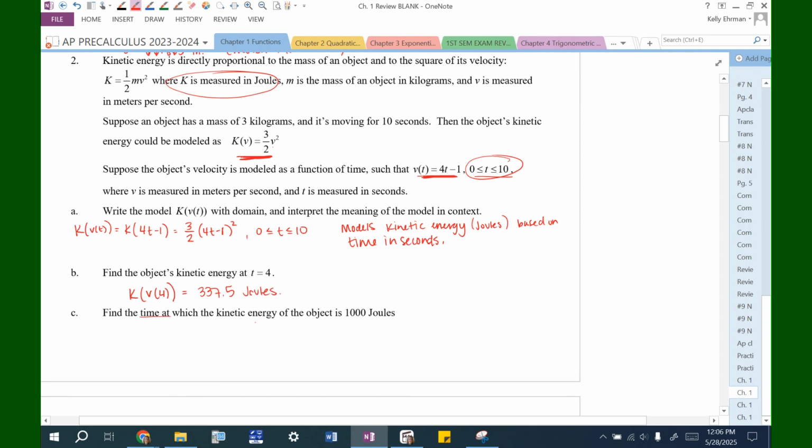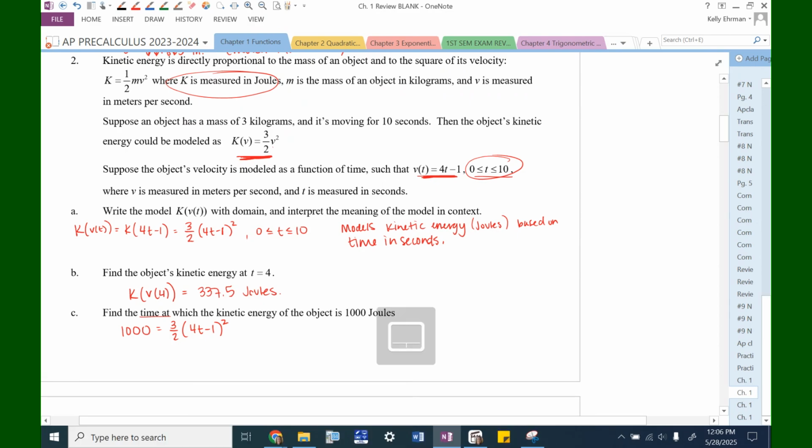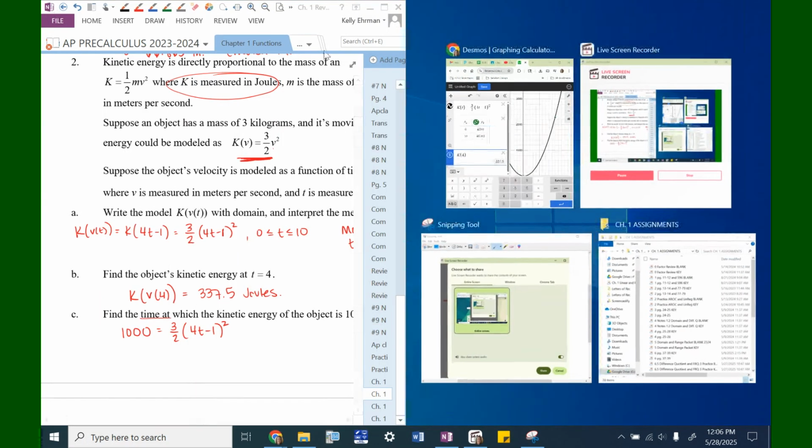Find the time at which the kinetic energy is 1,000. So show what you're solving. You're setting this equation equal to 1,000. It's not that these are difficult to solve algebraically. It's just that throughout the years, I've noticed that people make lots of little silly solving mistakes when you could just graph this and solve.